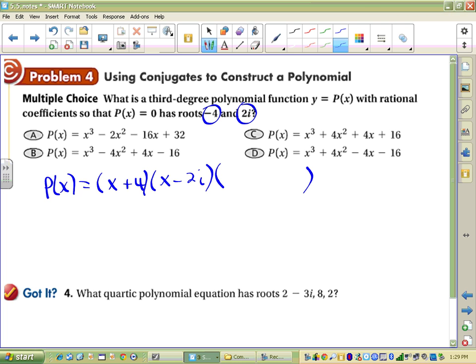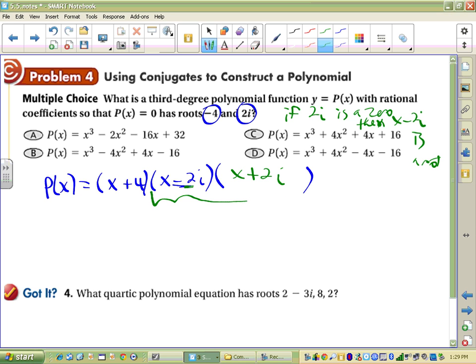You're saying, well, why'd you write x minus 2i? Well, remember the counterintuitive nature of this. If 2i is a 0, then x minus 2i is a factor. Okay. So anyways, the point is the conjugate of that is negative 2i, so that'd be x plus 2i.